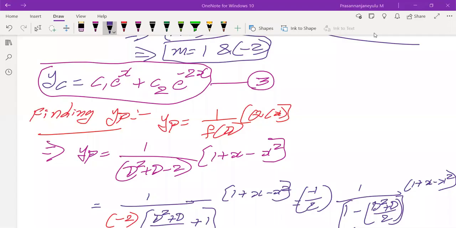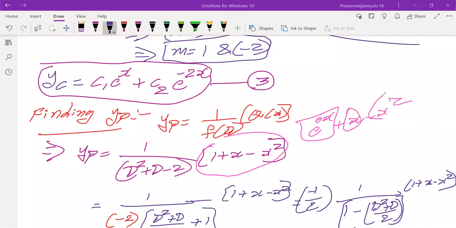One more important point is, for example, you may think 1 can be written as e power 0x, plus x minus x square like that. Then the first term is type 1, the second term is type 3, the third term is type 3.